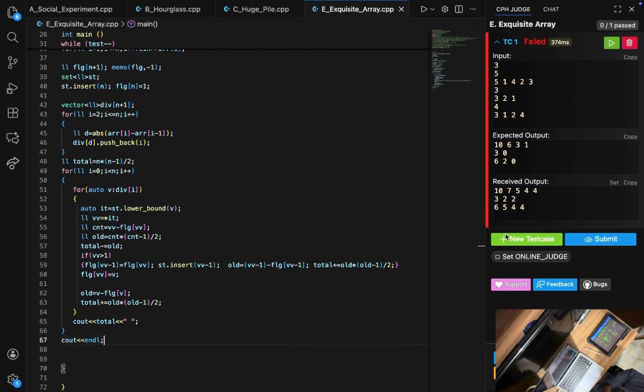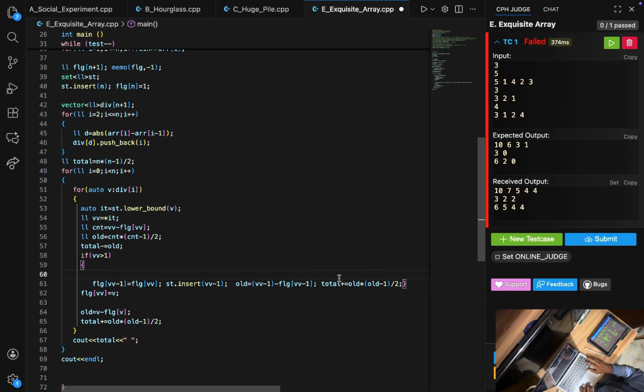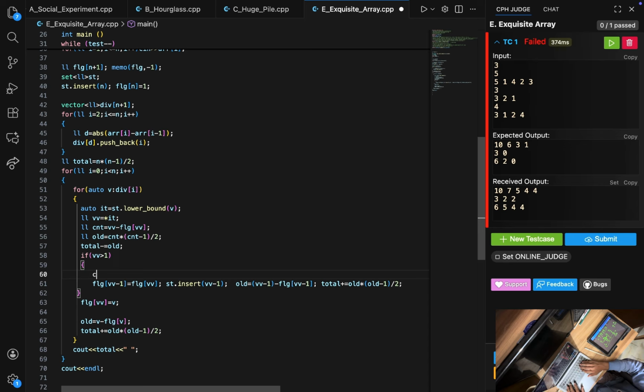There obviously is some wrong answer. So let's do some debugging. Cout v.